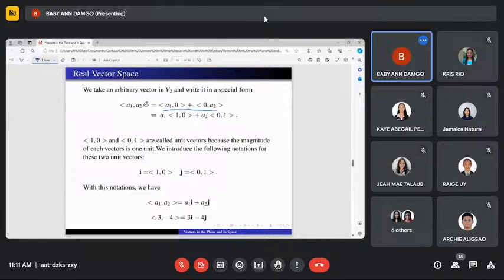So remember, for V2, I and J. For V3, the unit vectors are I, J, K. It is like in linear algebra, 1, 0, 0, 0, 1, 0, 0, 0, 1 for R3. But since we are dealing with vectors, the term is V3, not R3.